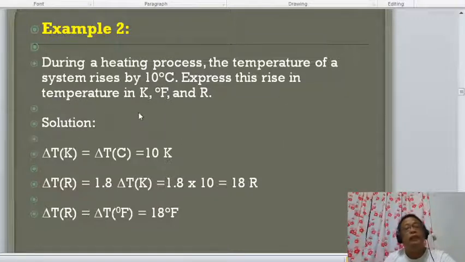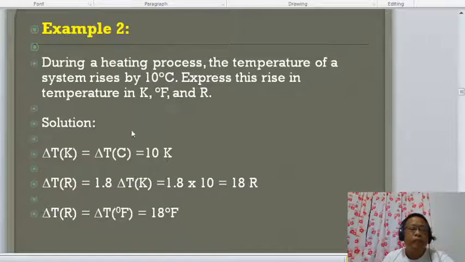Take note that in the previous slides, in our derivation of the formula, we see that there is 5 and 9 in the equation. This 1.8 value here is the value of 9 divided by 5.